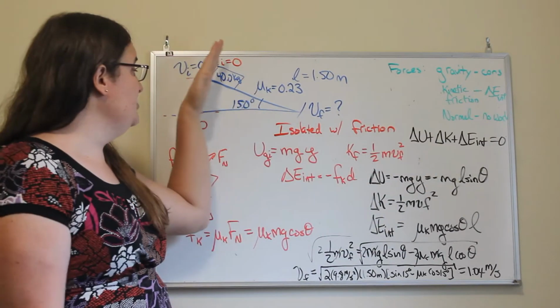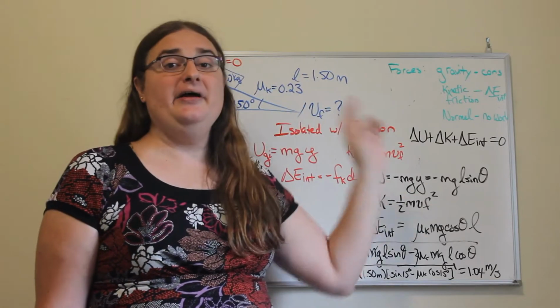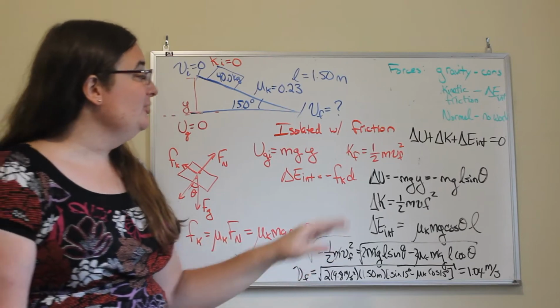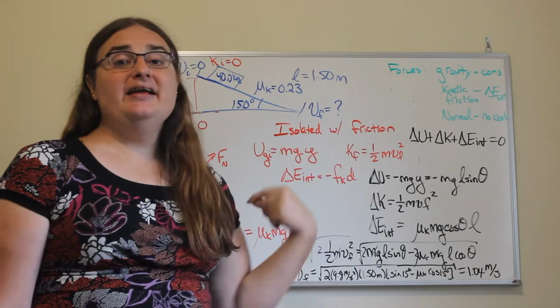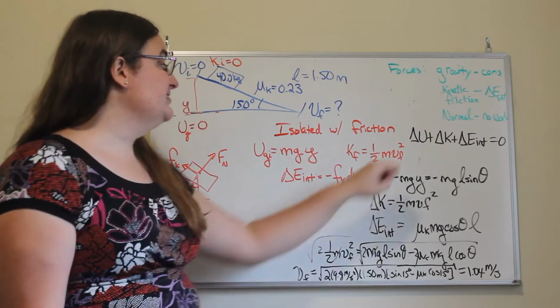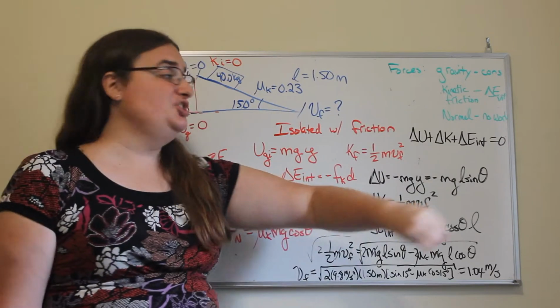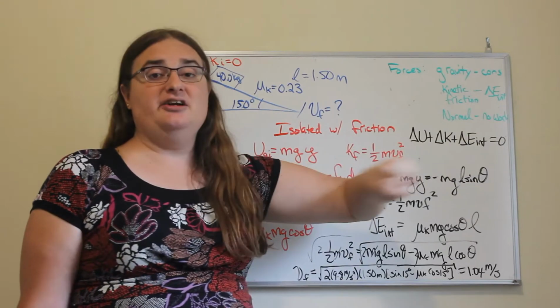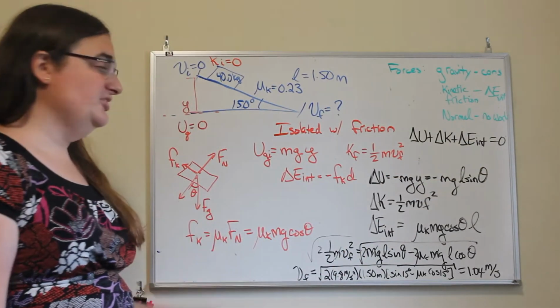And as long as the object is sliding along the ramp, that normal force is going to do no work. So we could treat this like an isolated system and say that our change in potential energy plus our change in kinetic energy plus our change in internal energy has to equal 0.